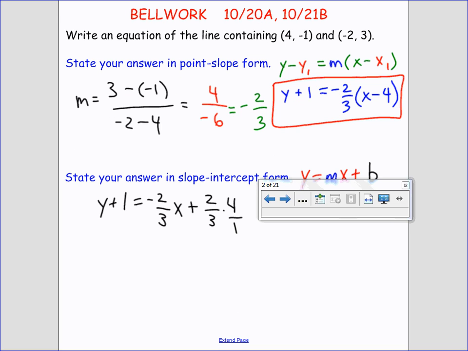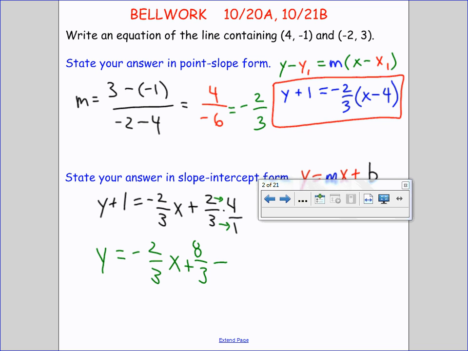So we'll go ahead and do a rewrite here. Straight across, 2 times 4 is 8. 3 times 1 is 3. And then I'm going to subtract over that 1. In order to combine like terms, 8/3 minus 1, I'm going to rewrite that 1 as thirds.